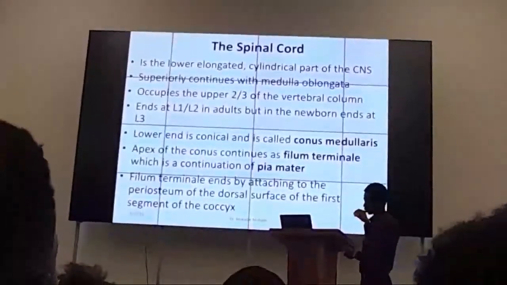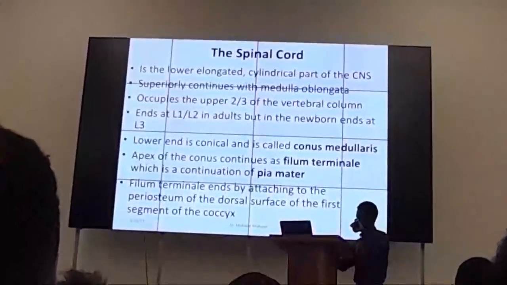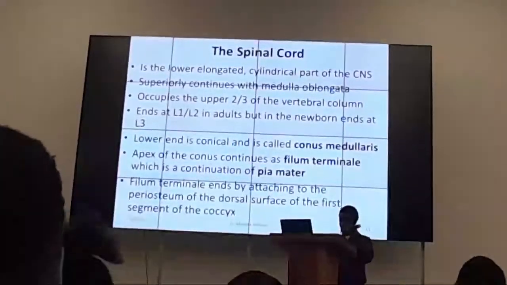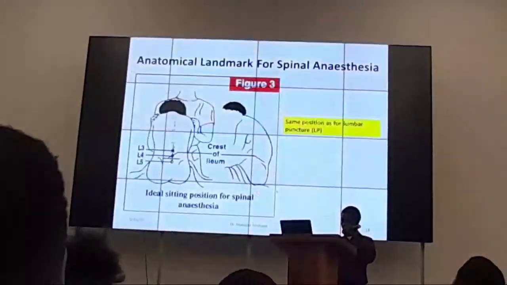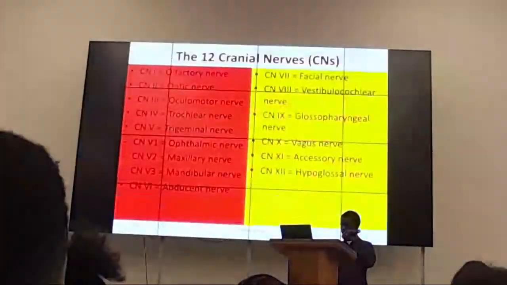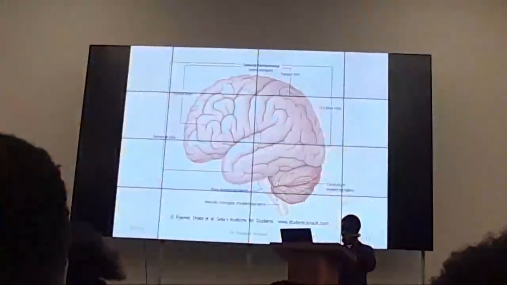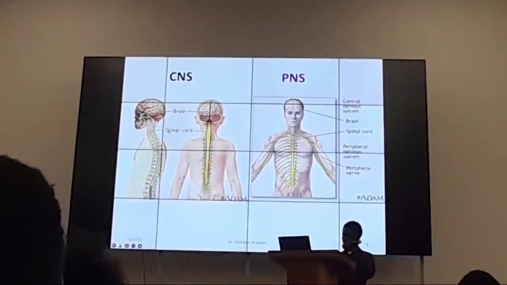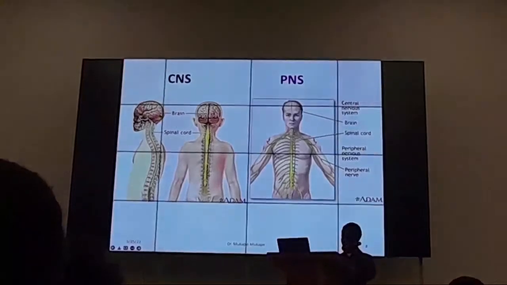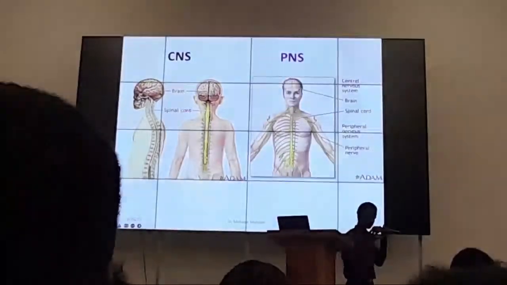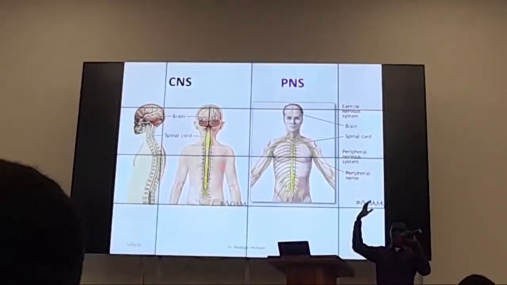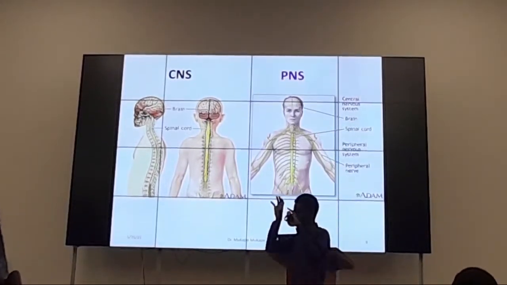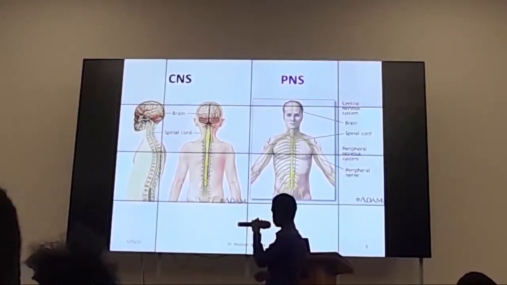Spinal cord. The spinal cord is the lower elongated cylindrical part of the CNS. We can see this is the spinal cord. The CNS is broader where the brain is and narrower where the spinal cord is.